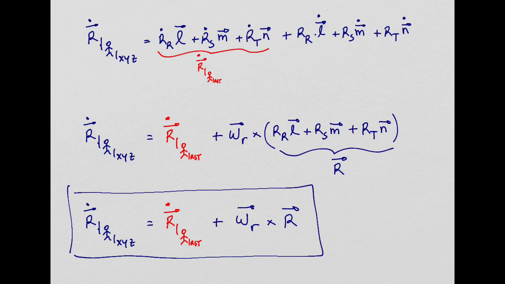And this, the transport term here, is this one. I said this is the transport theorem, right? So this is the transport. This is the velocity in circular motion, isn't it? Angular velocity cross product with a position vector. This is relative velocity.